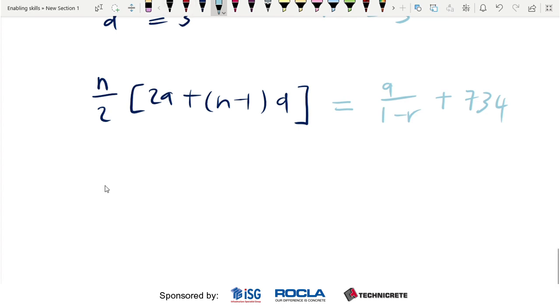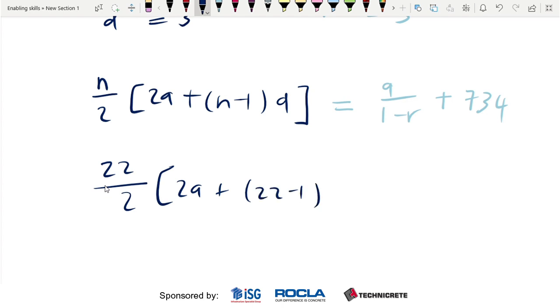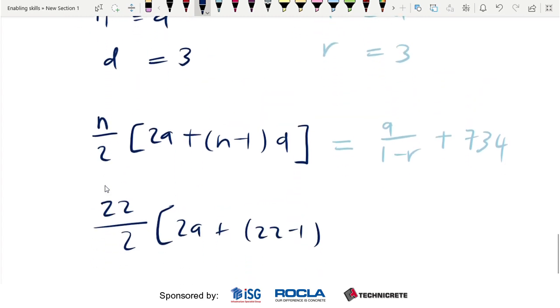Now if we substitute n in this equation, we know that this is the sum to 22. So this is 22 over 2 times 2a plus 22 minus 1 times the difference we found, which is 3. And all of this is equal to a over 1 minus r plus 734.